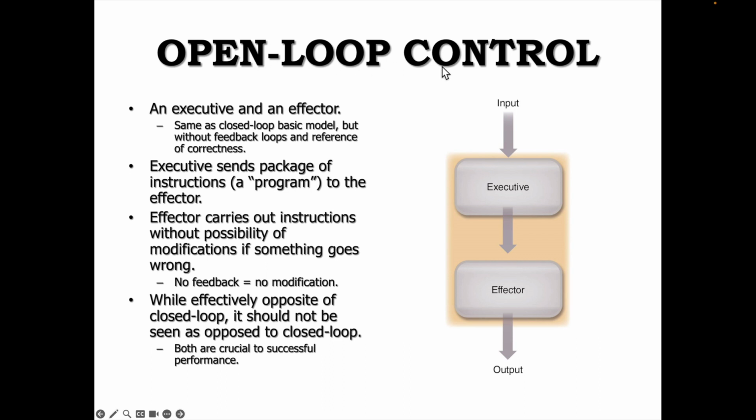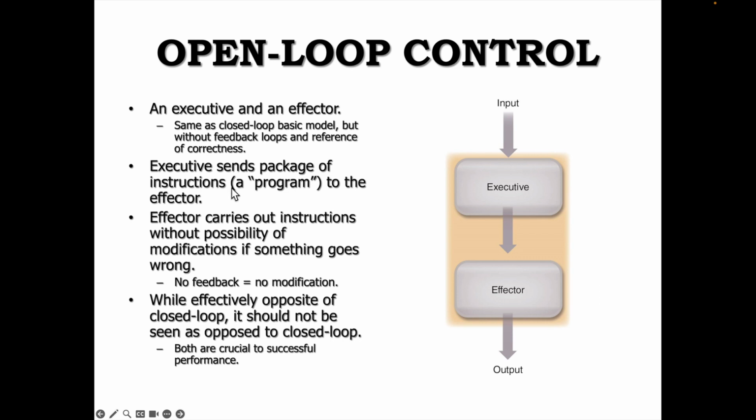With our open loop control system, notice here we still have our input, executive, effector, and output, but we don't have any feedback part. So essentially there are no feedback loops and no reference for correctiveness.